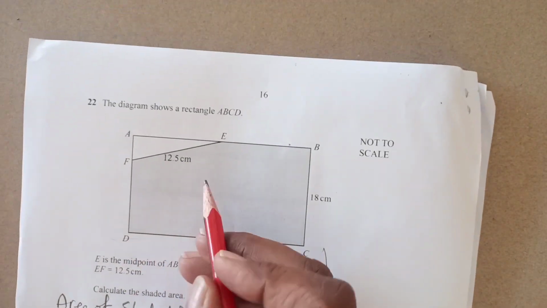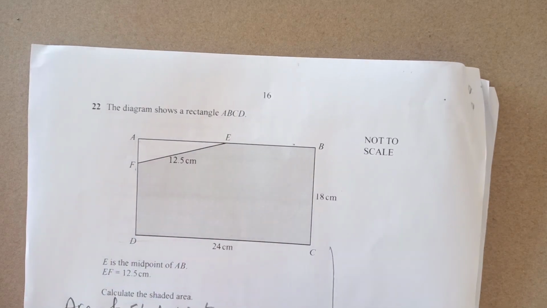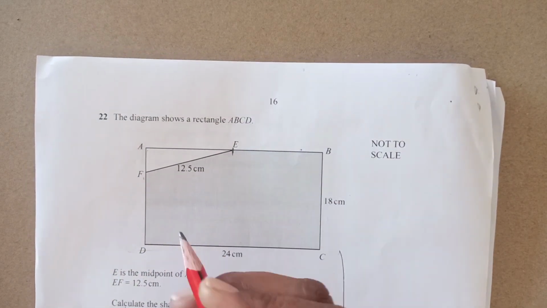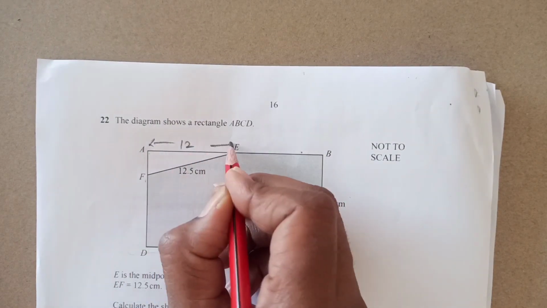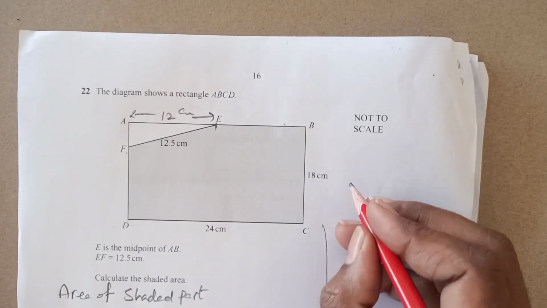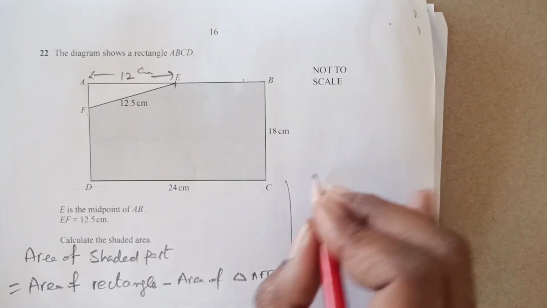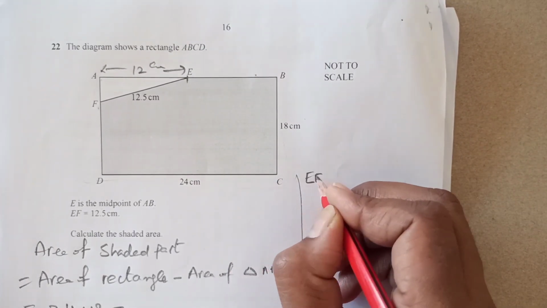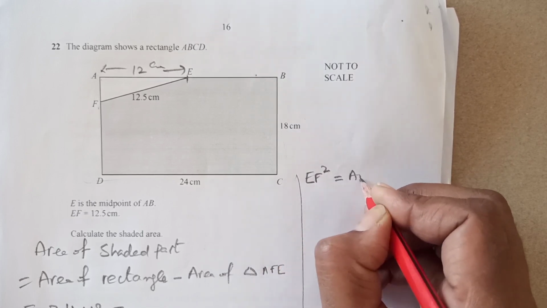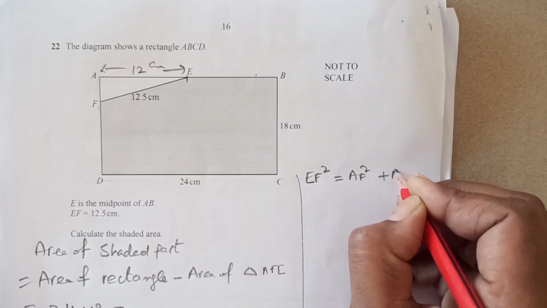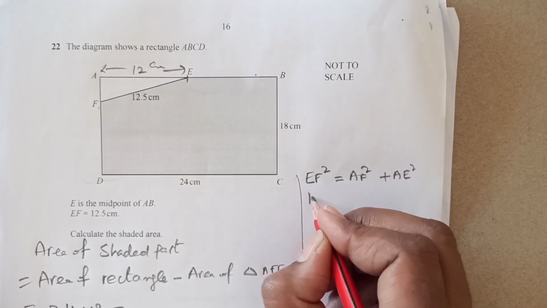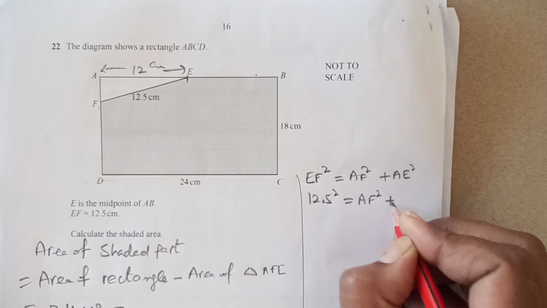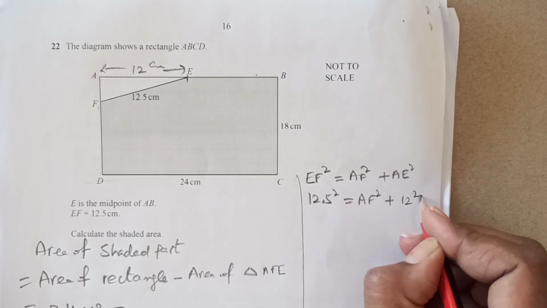For triangle AEF, we have base times height, but we don't know what the base is. E is the midpoint, so this one is 12 centimeters, right? To find AF, we are going to use Pythagoras theorem. So by Pythagoras theorem, EF squared equals AF squared plus AE squared, right? EF is 12.5 squared equals AF squared plus AE, which is 12 squared.